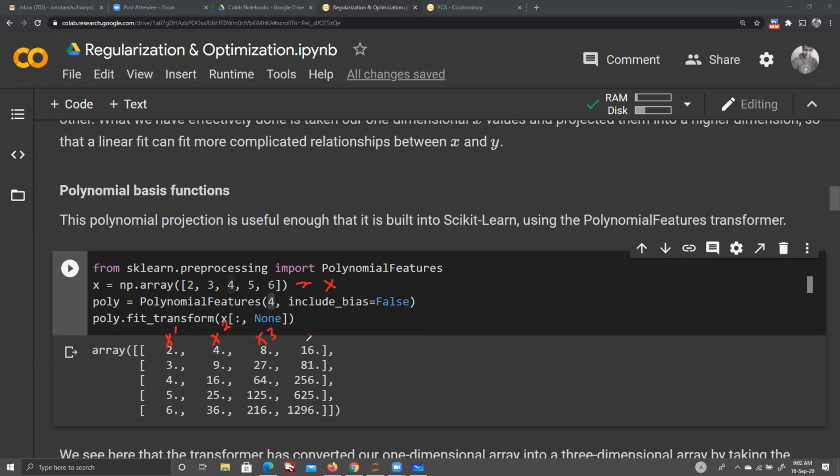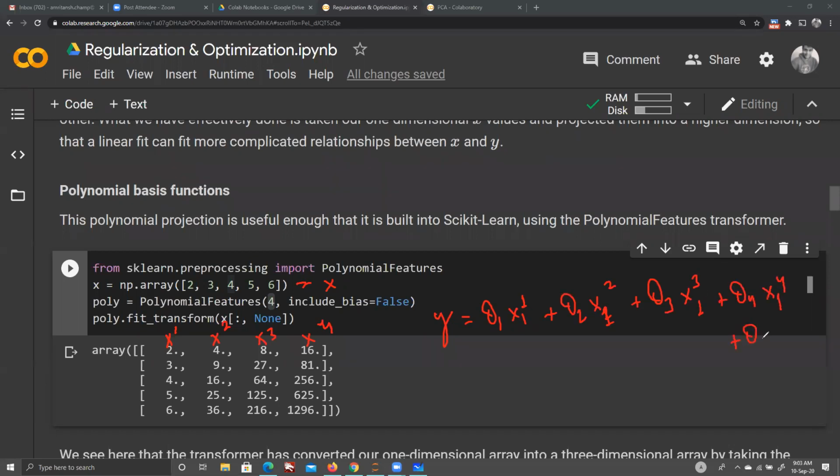Very good. Now, if I provide this data to my linear regression, what does it estimate? Think about it. What is it really trying to do? Y is equal to theta 1 x1, plus theta 2 x1 squared, theta 3 x1 cube, theta 4 x1 to the power 4.